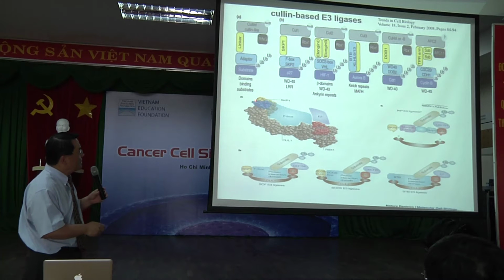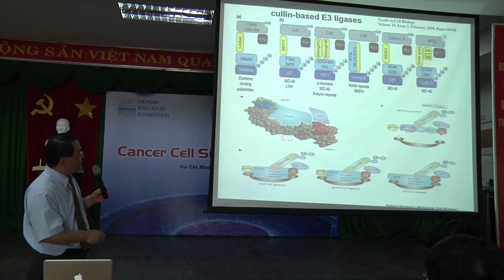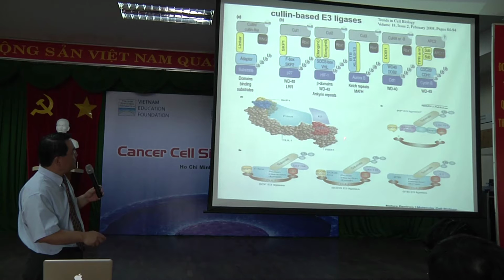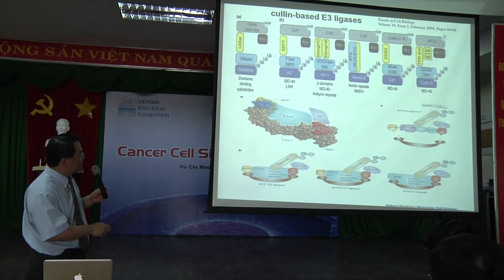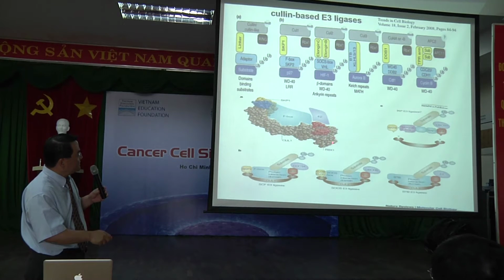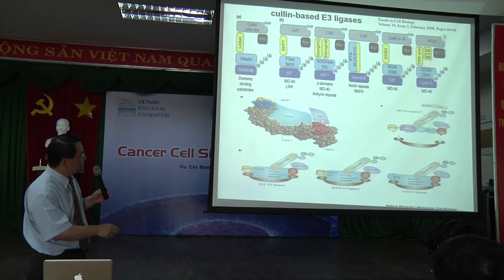Based on that structure, shown here, there's CUL1, and a ring domain containing protein called RBX1, and there's a motif for Cullin to interact with the E2 enzyme. SKP1 is here.